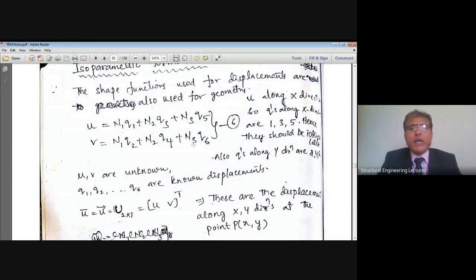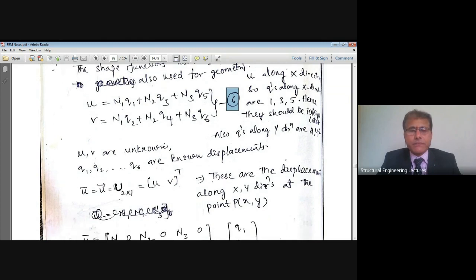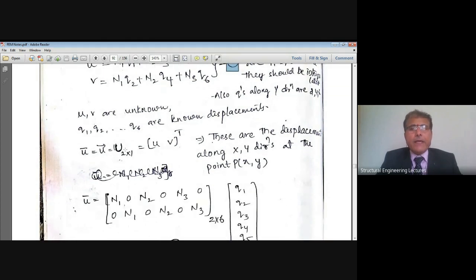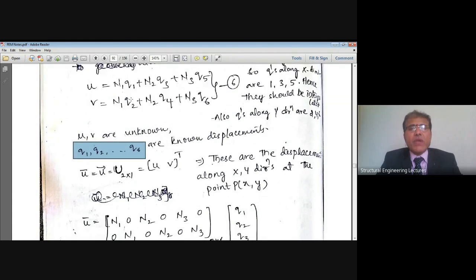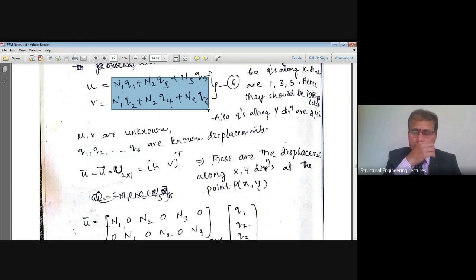Therefore, we are interpolating using all those horizontal displacements at those nodes. By multiplying by the shape function values, we are getting the displacement in that corresponding direction, either in x or y, notated by u and v respectively. Let it be given by equation 6. However, by this time we already know what q1, q2, q3, q4, q5, q6 are, and we also know what the shape functions are, because the point at which you want to interpolate the displacement is already predefined.